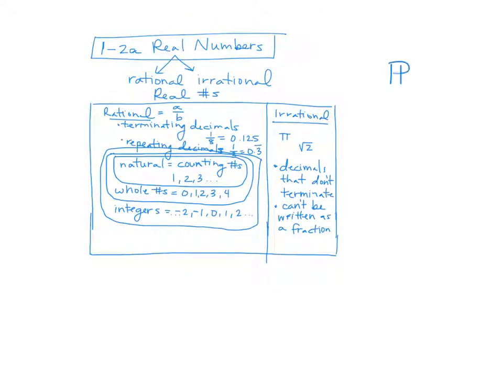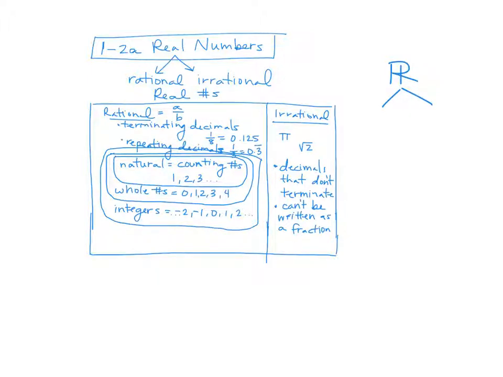Real is always written in math like this. It looks kind of like the P for paragraph, right? It's the double bar down. That's real numbers, okay? Then there is the branch off.